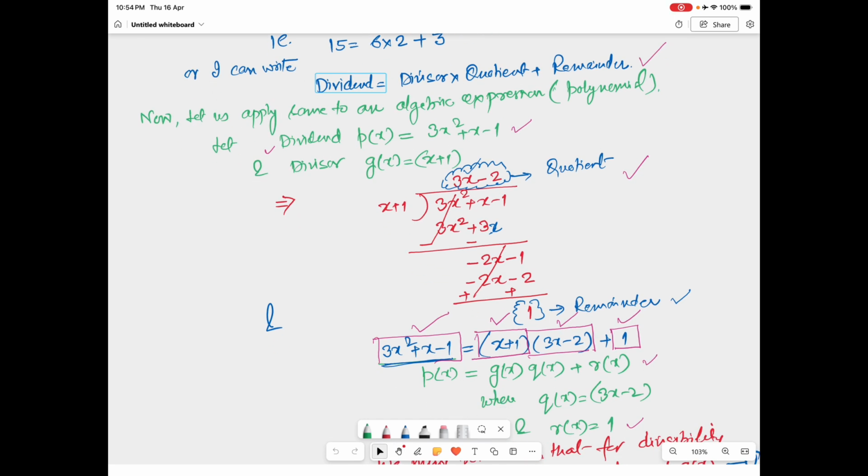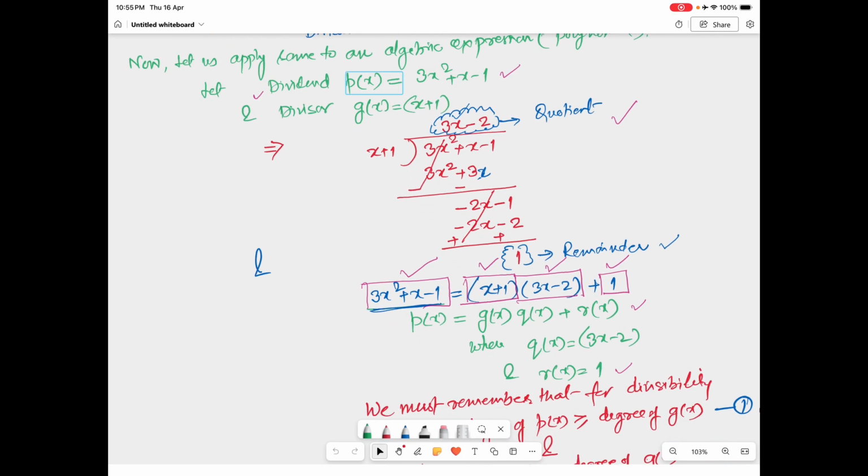So the polynomial can be written the same way as we write the number: p(x) is called the dividend, x plus 1, which we call g(x), is the divisor, and 3x minus 2, which is the quotient, we call q(x), plus r(x), the remainder. So any polynomial can be expressed in the form p(x) is equal to g(x) into q(x) plus r(x).